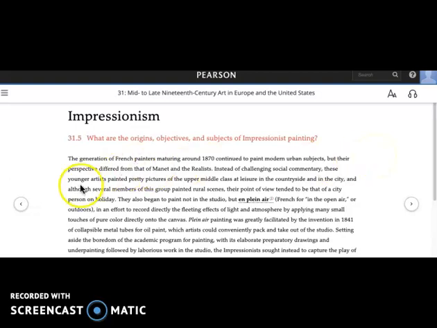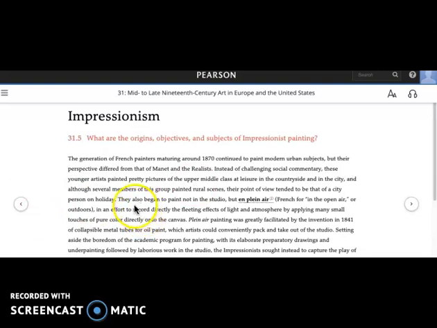Because one of the things we're going to see with Impressionism is there are multiple artists who are part of that movement, and they all have a somewhat different flavor to their art. They share interests. They are often very interested in leisure activities in the countryside and in the city, but there's a different sort of emphasis. And so we'll see, well, to what extent is that true for which artists?